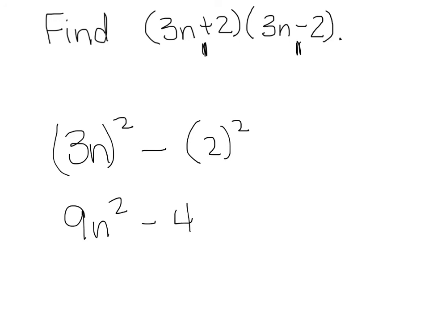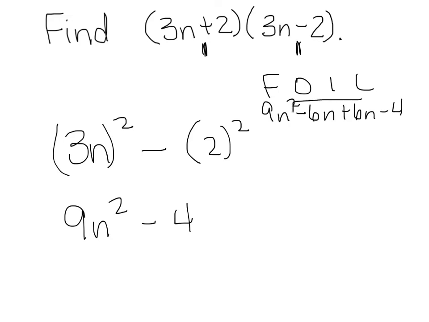Remember, if we were doing the FOIL method, we would have 9n squared. The outside would be negative 6n. The inside would be plus 6n, and my last would be negative 4. These two terms add out. That's why we can take this shortcut when we have a sum and a difference.